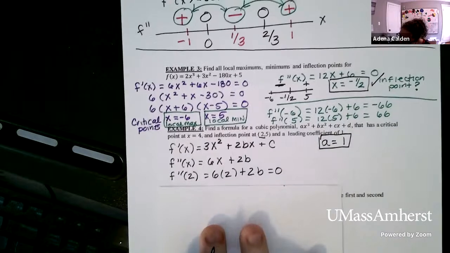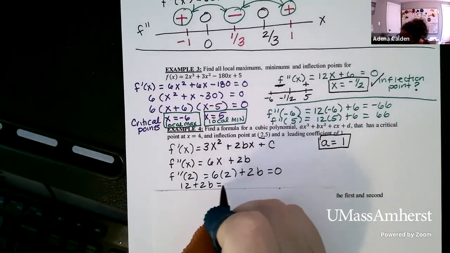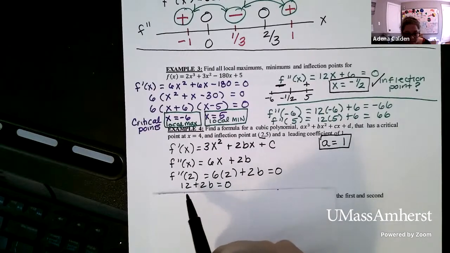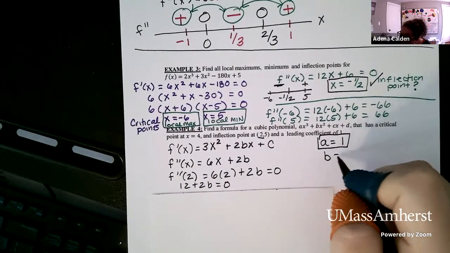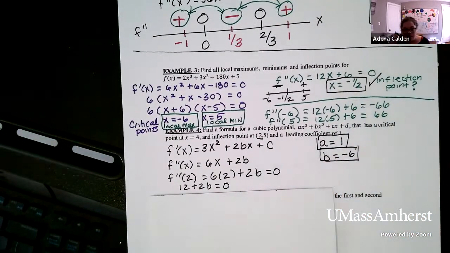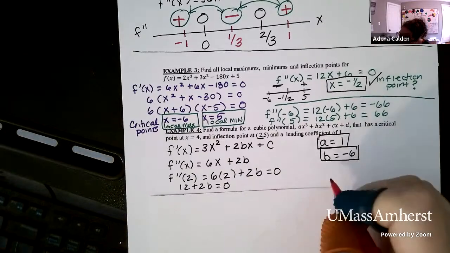So we have 12 plus 2b equals 0. And if we solve that, we get b equals -6, right? So we subtract the 12 over and divide by 2. So now we know b equals -6.